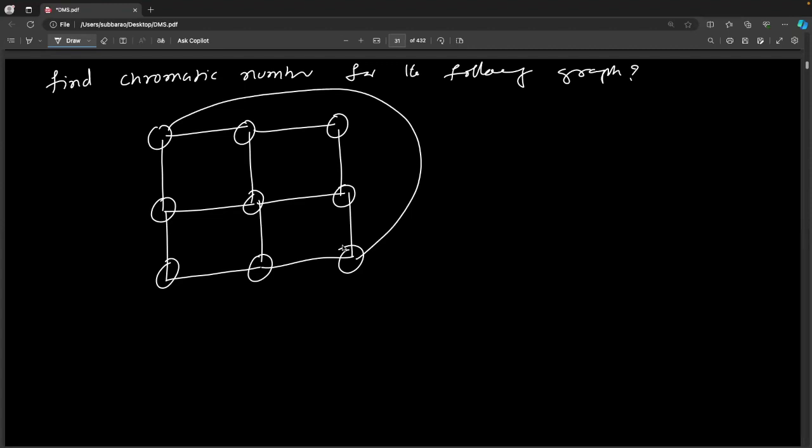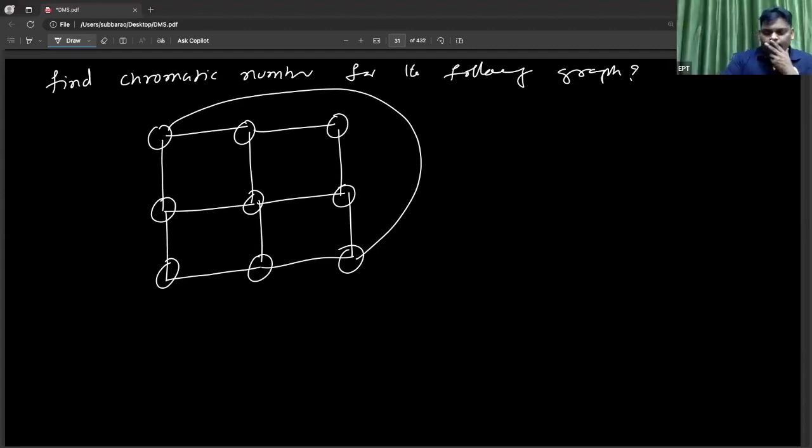Yeah, can you go ahead? What will be the answer for this? Is it planar? Some boundary theorems will help.